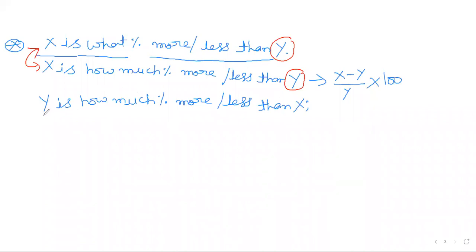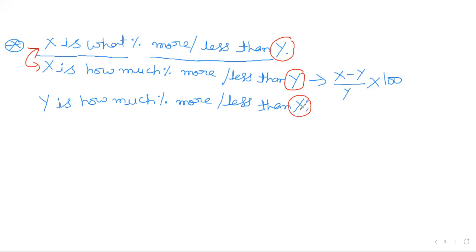And here, y is how much percent more or less than x. So the base quantity is x. Relative measures of the difference. So what is the difference? y is how much percent more or less than x.